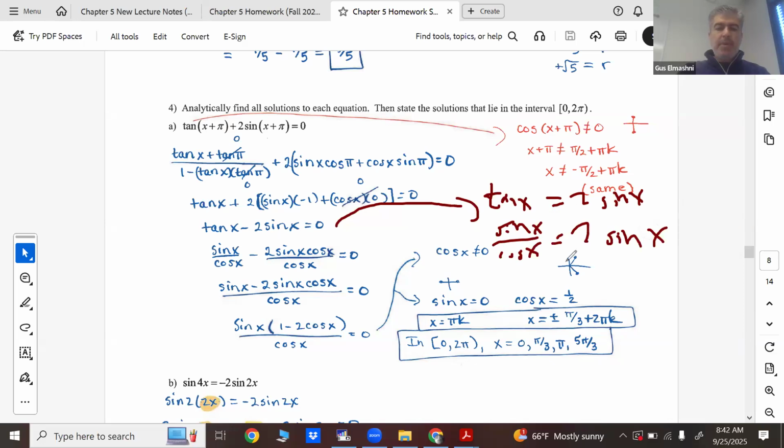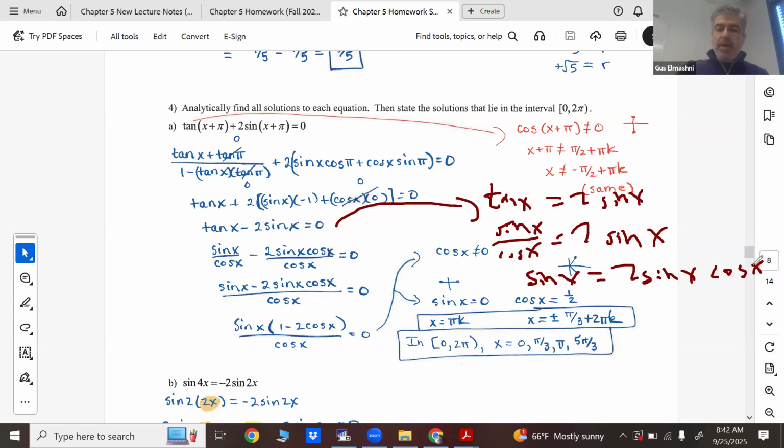Then if you multiply both sides by cos x, you get this. And you bring everything to one side and you still get the same results. Because then you turn it into a factoring situation. When we have a factoring situation, you use the zero product property. And that's what we're trying to do here.